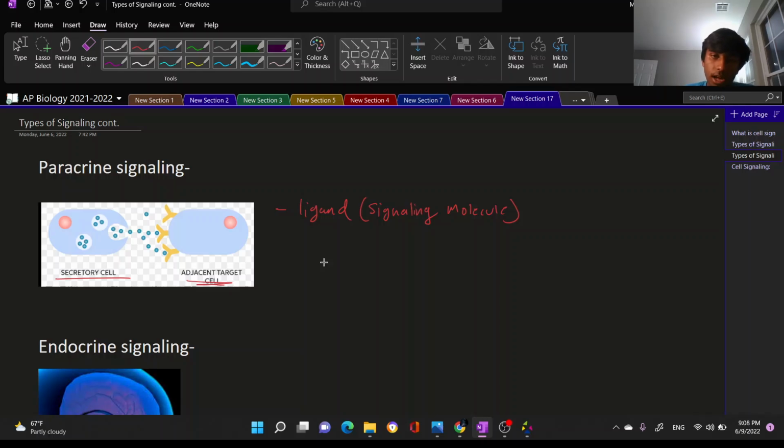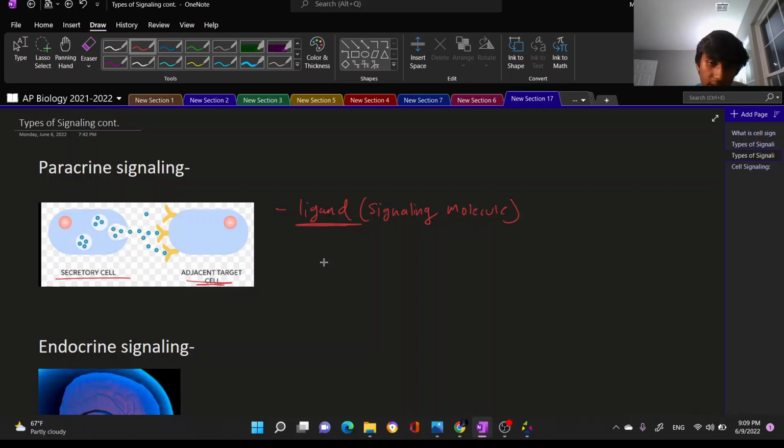This target cell has very specific receptors that can come in contact with the signaling molecule and receive the information. So this receptor has to fit the shape of the ligand. If it does not fit the shape of the ligand, then that ligand cannot go to that receptor.